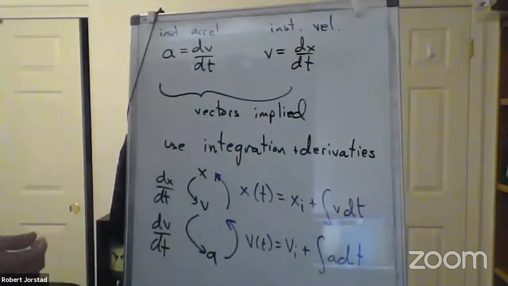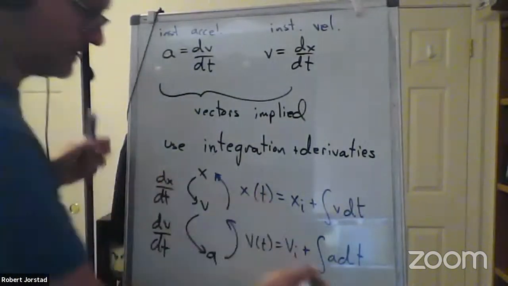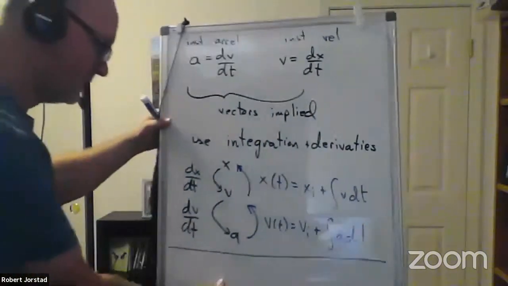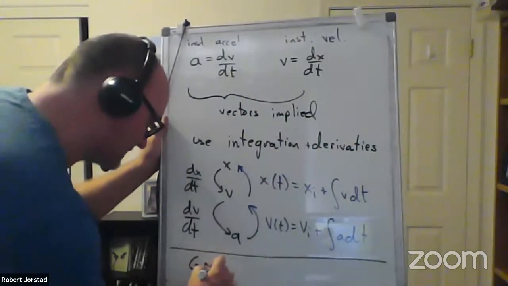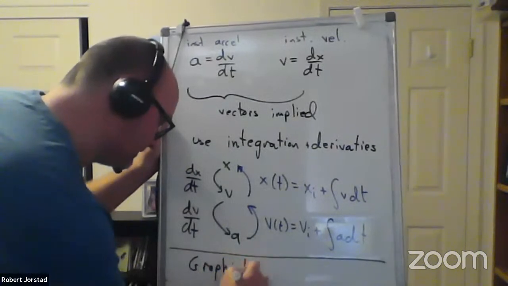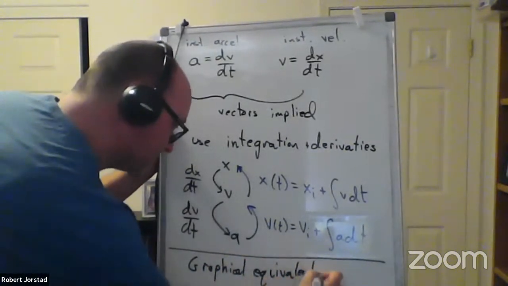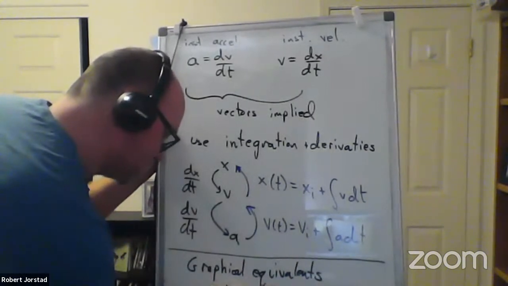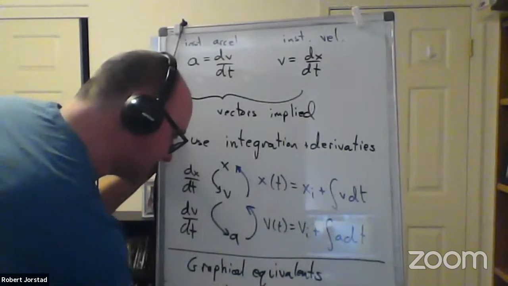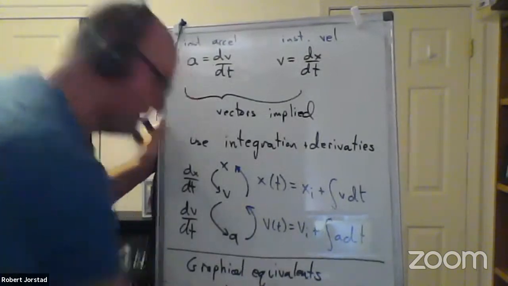And then another thing that we talked about today was the graphical equivalence. In particular, slopes and areas.